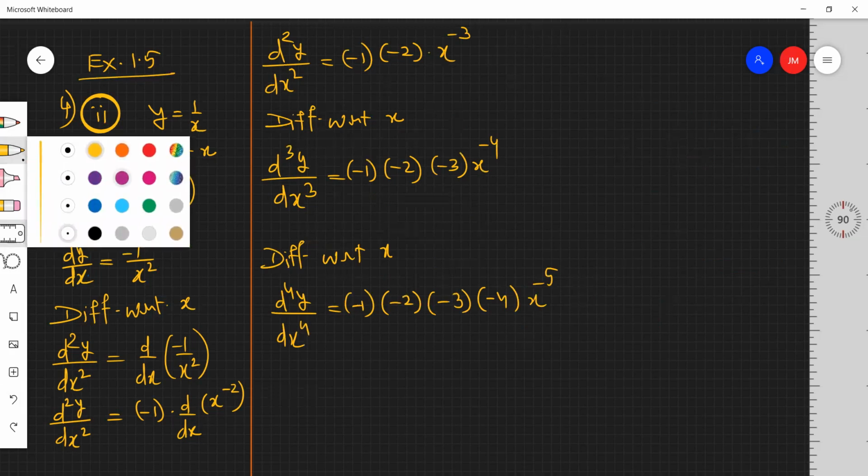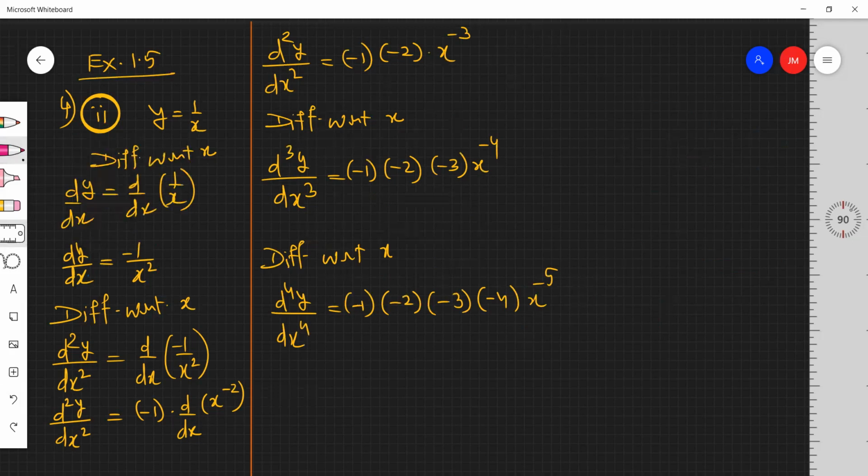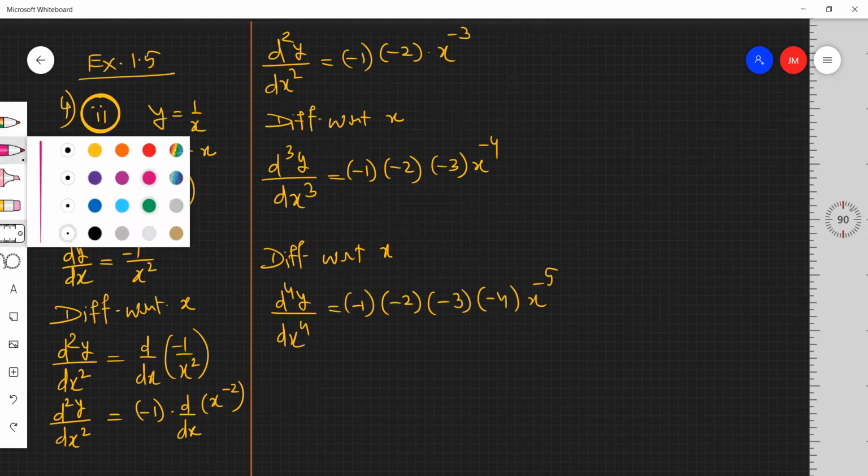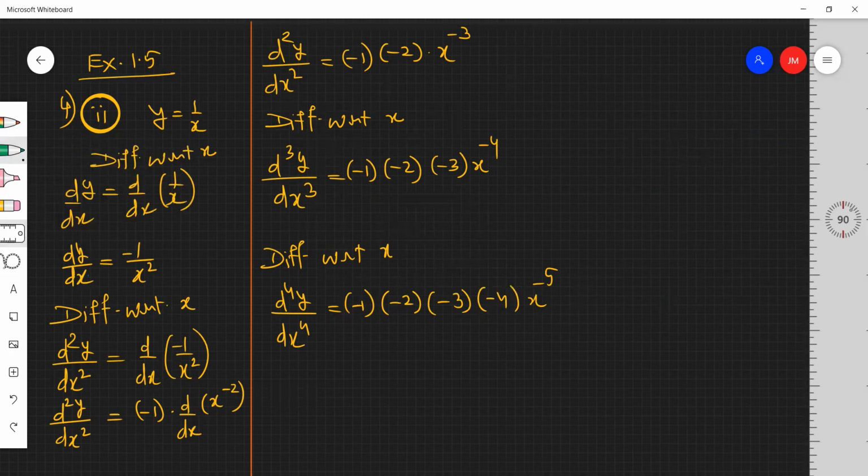See, this is here the first derivative. I can write it as minus 1 into x raised to minus 2.